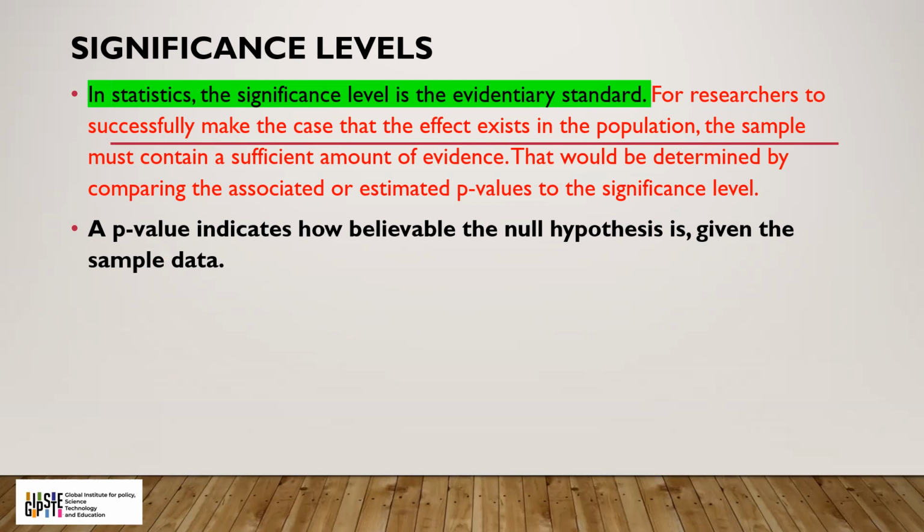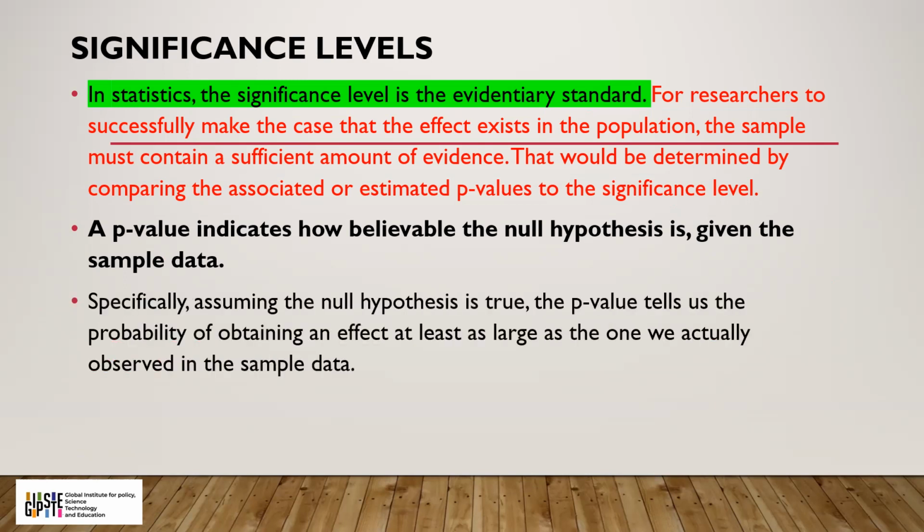A p-value indicates how believable the null hypothesis is, given the sample data. Specifically, assuming the null hypothesis is true, the p-value tells us the probability of obtaining an effect at least as large as the one we actually observe in the sample data.